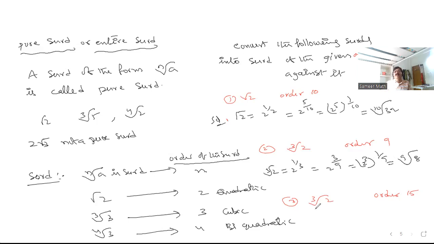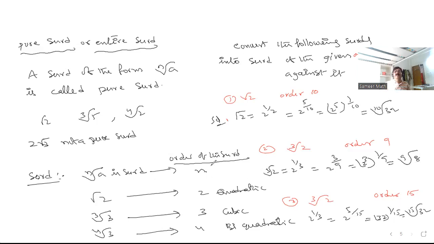Yes, you can convert the given surd into any order. That is important. 2 to the power of 5 by 15, I multiply by 5 and divide by 5. So now it can be 32 to the power of 1 by 15, or the 15th root of 32. Hope you understood all this, guys.